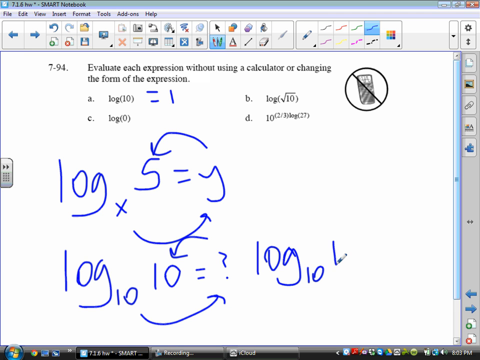So I'm going to say log base 10 of 10 to the 1/2, right? 1/2 is the same as taking the square root of something. 10 to the what power gives me 10 to the 1/2 power? Well, that should hopefully be pretty obvious once we rewrite it like this. It's going to be 1/2. So we're not totally changing it into an exponential equation, but we're just thinking about it in our heads, and you might not even have to write it down.